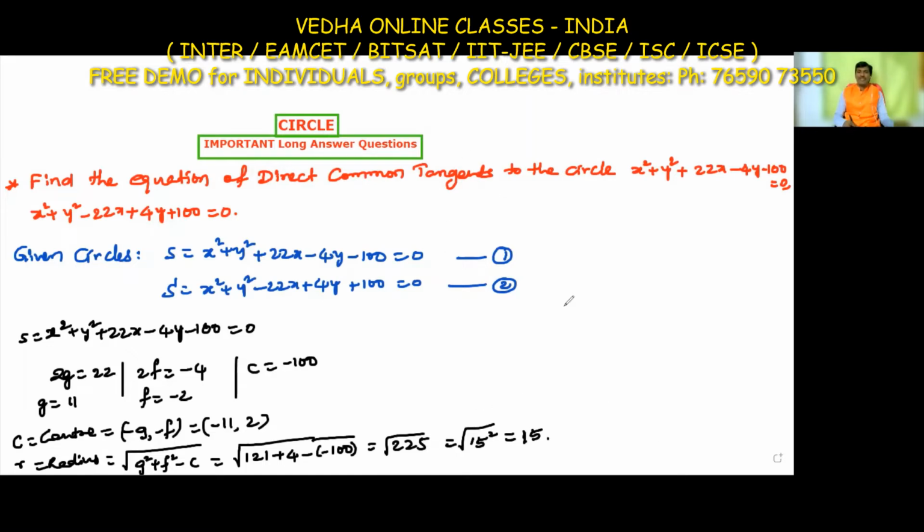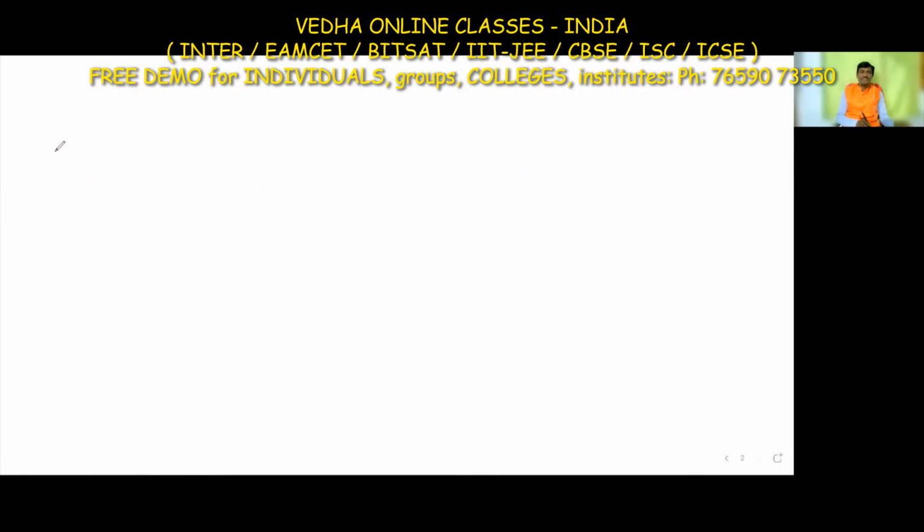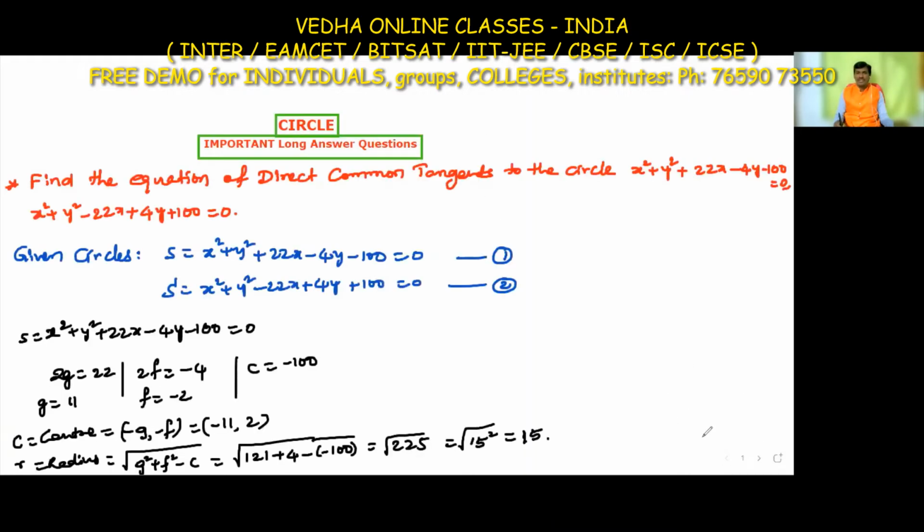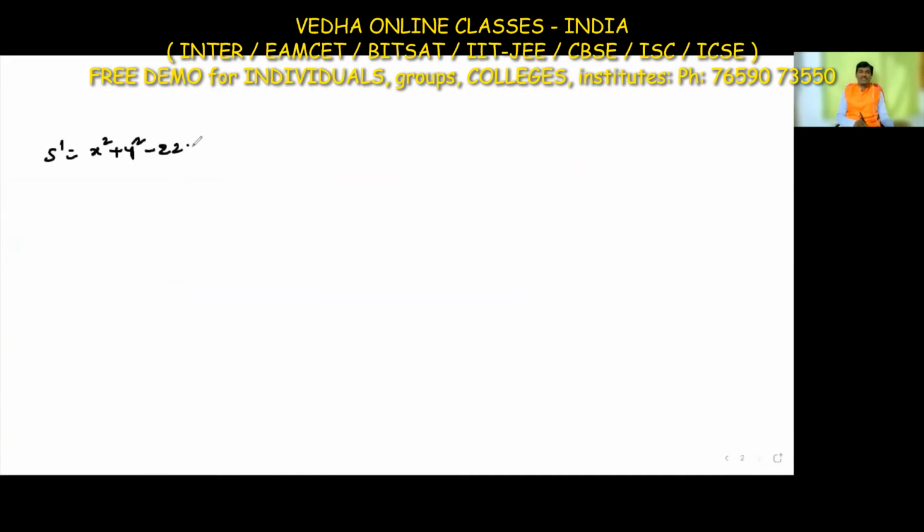Okay, so now I am taking the second circle. S dash is equal to x square plus y square minus 22x plus 4y plus 100 equal to 0.